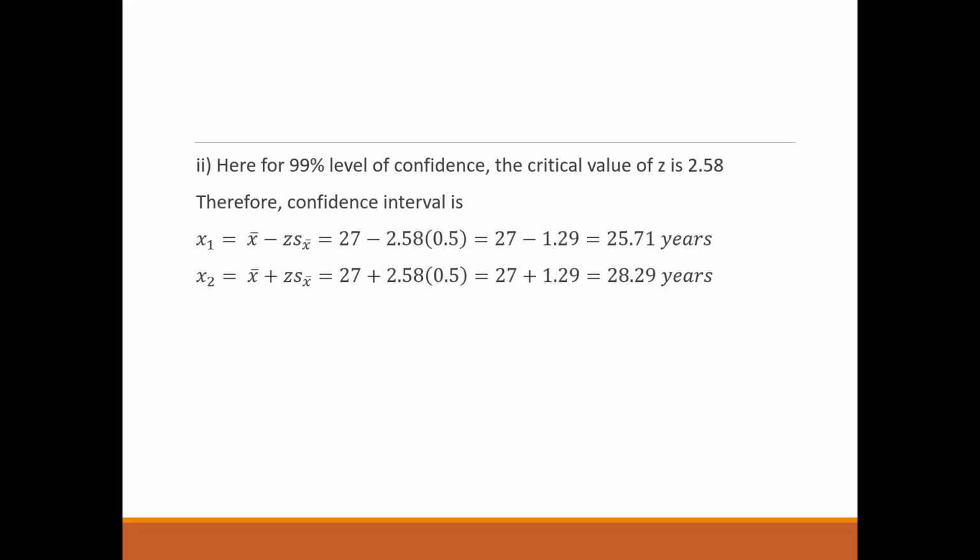Sometimes, we might not get the mean. We might have to use the proportion, the percentage. So for that, we have some different formulas. So when we come next, we are going to see interval estimate of population proportion. Okay, and we'll take one more example based on this population proportion.